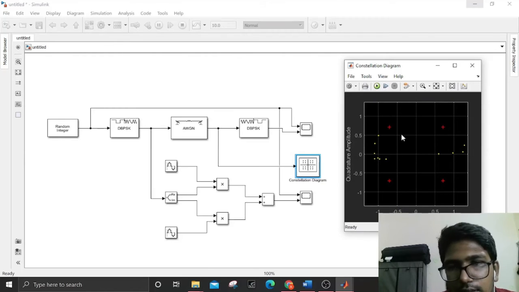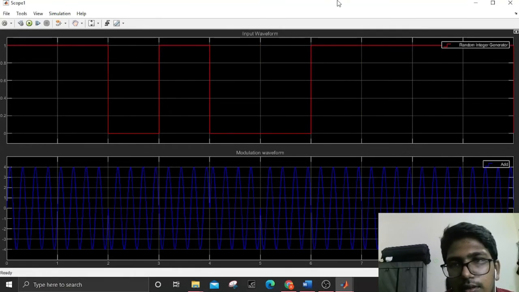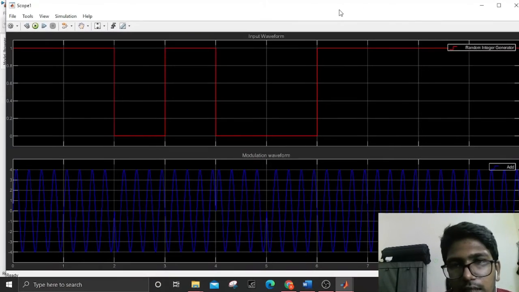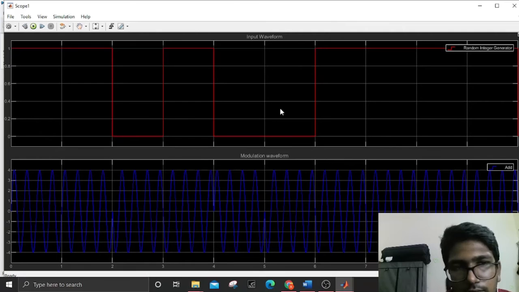As you can see here, the constellation diagram has 10 dots, which runs for 10 seconds. This shows that the modulation and demodulation process occurred perfectly. This is the input waveform and modulation waveform. Whenever the input waveform reaches zero, there will be a phase shift.